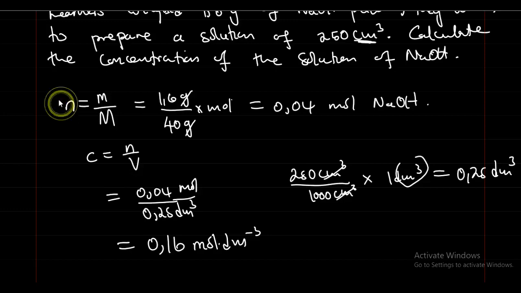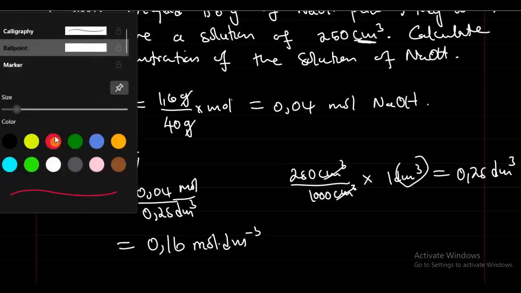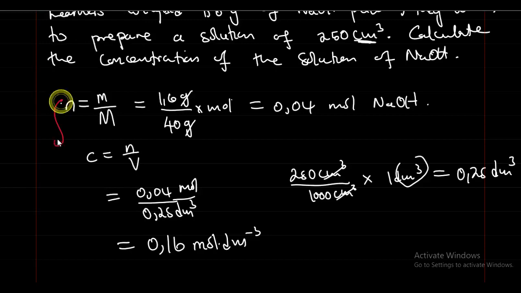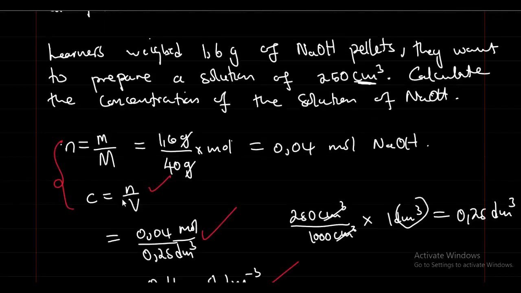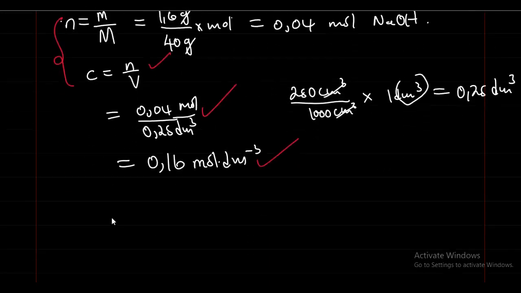Here they would mark these two formulae, they would count for 1. Then they would mark the correct formula, the substitution of the moles and the volume, and the answer and the units. Sometimes they can give you 4 marks. This question is always asked. You are always asked to calculate concentration.